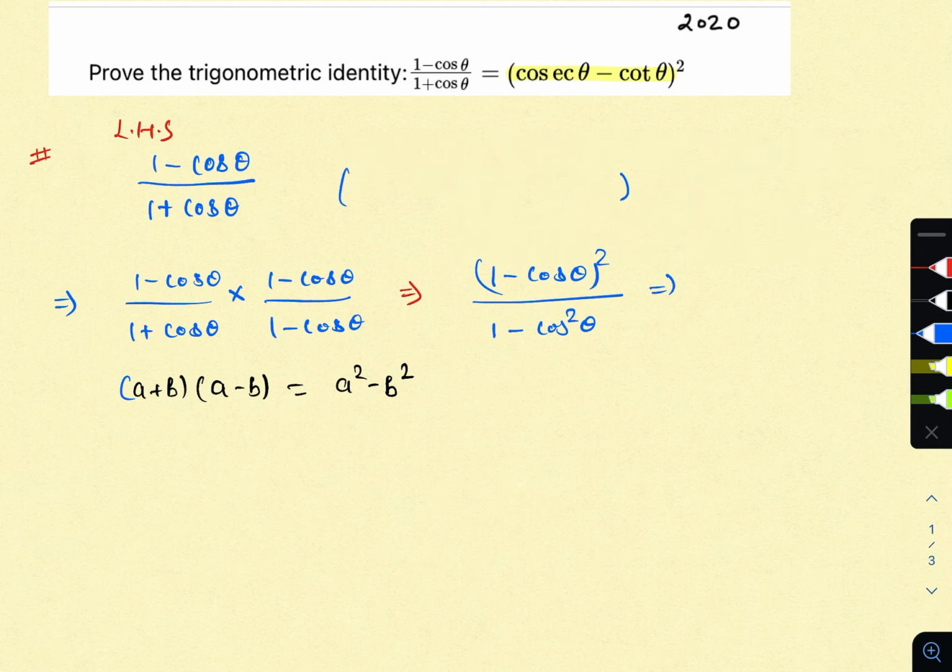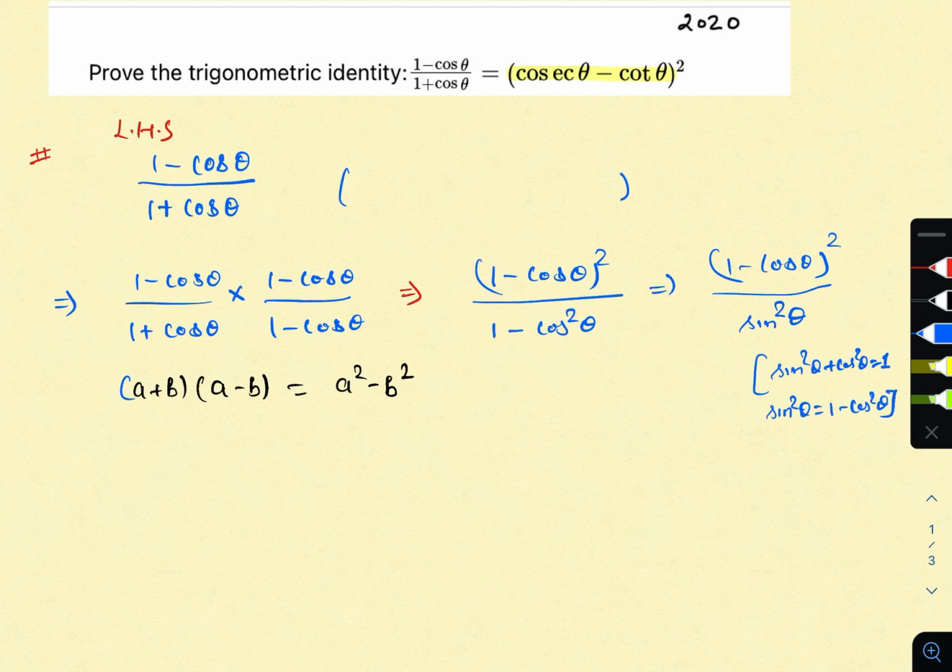So now just write it as it is, (1 minus cos theta) whole square, and in the denominator 1 minus cos theta will be equal to sin square theta. Whenever you are using some identity, in that step only just mention in the bracket that sin square theta plus cos square theta is equal to 1, and from here itself we will be getting sin square theta is equal to 1 minus cos square theta.